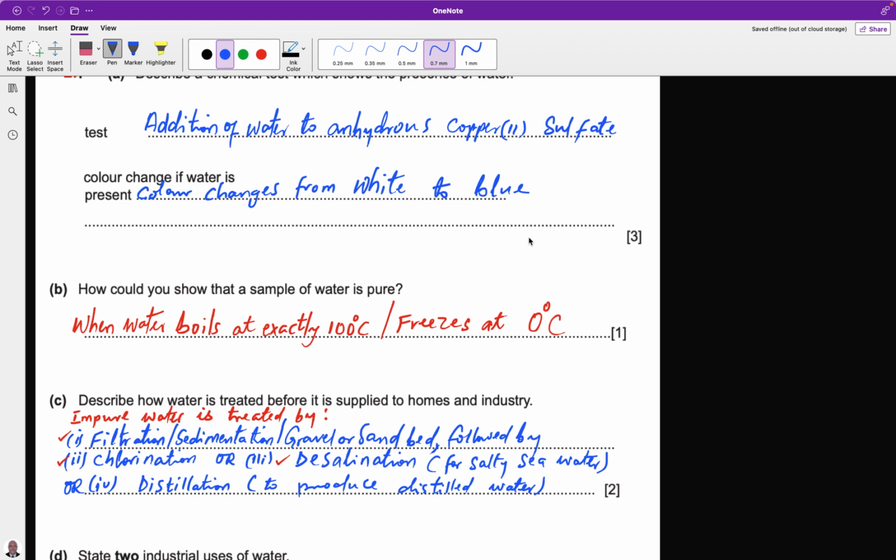Water freezes at a sharp temperature, and that freezing temperature is 0 degrees Celsius. So when you are asked how you could show that a sample of water is pure: when water boils at exactly 100 degrees Celsius, or freezes at exactly 0 degrees Celsius, it means that water is pure.